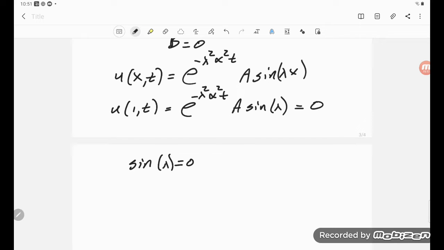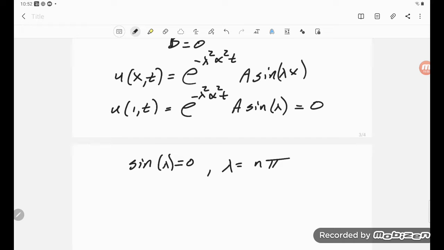And so now we know that happens when lambda is any integer multiple of pi. So it's just some k times pi. Well, let's not use k because we were using k before. How about n times pi? That would be good. Some n times pi.